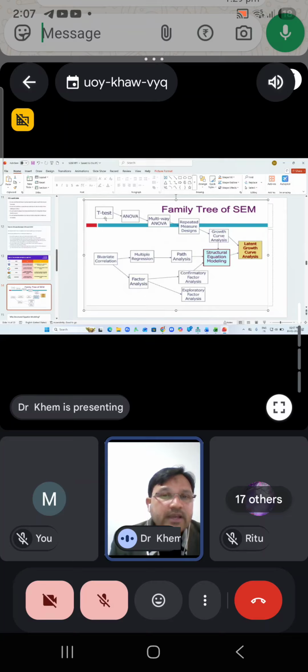Pre and post means these are basically tested in medical science or something else. Let's suppose when we are giving training to employees, we take one test before training and another after training.